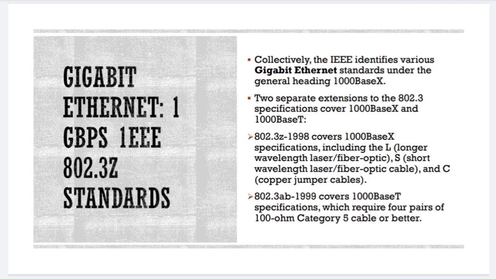Two separate extensions to the 802.3 specification cover 1000BaseX and 1000BaseT. 802.3z/1998 covers 1000BaseX specifications, including the L, longer wavelength laser, S, short wavelength, and C, the copper jumper cables. 802.3ab/1999 covers the 1000BaseT specification, which requires 4 pairs of 100 ohm category 5 cable or better.